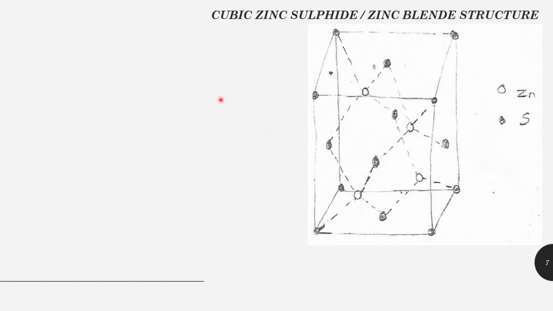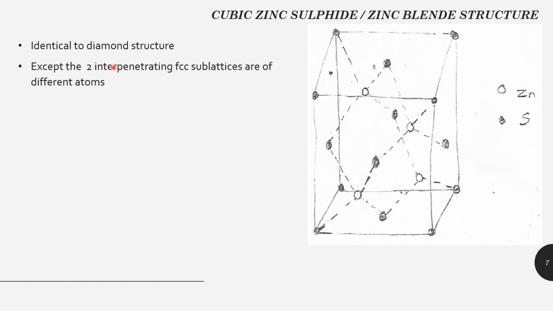Next is the cubic zinc sulphide, or the zinc blende structure. It is identical to the diamond structure, except that there are two interpenetrating FCC sublattices made up of different atoms.